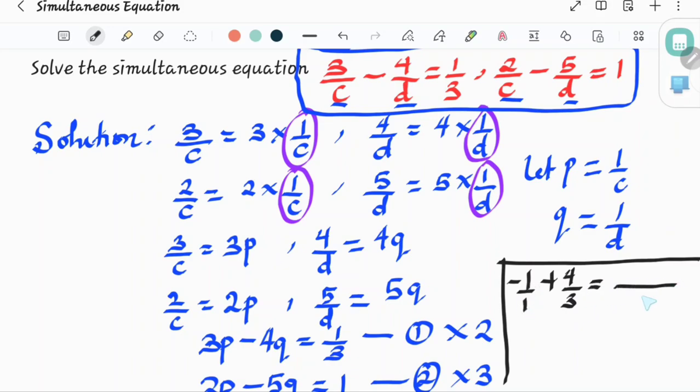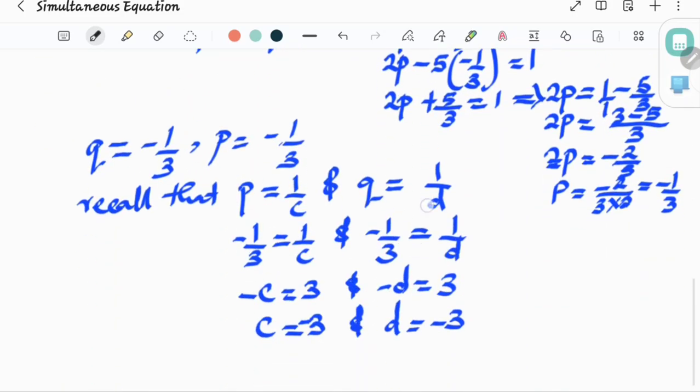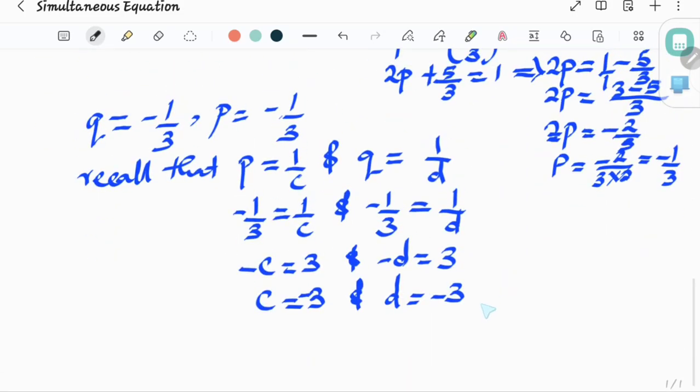If we quickly find the LCM, LCM is 3. 3 times negative 1 is negative 3, plus 1 times 4, that's 4. So negative 3 plus 4 is going to give you 1 over 3, which is exactly what we have on the right hand side of the equation. And if you still substitute your c and d here, you are going to get 1. So hence it means our c and d is perfectly correct.